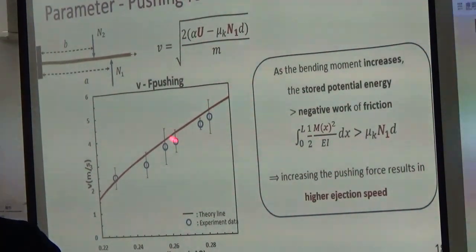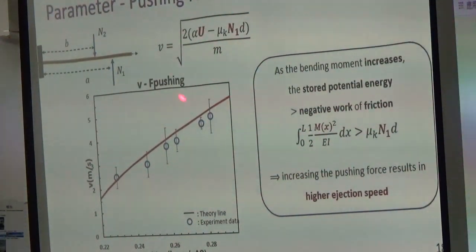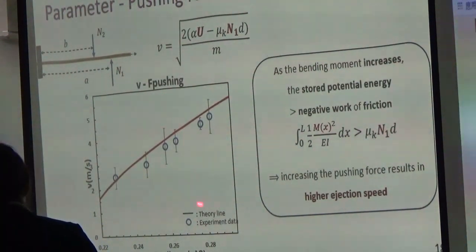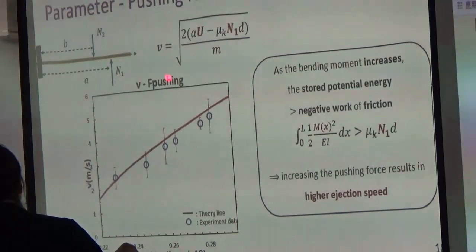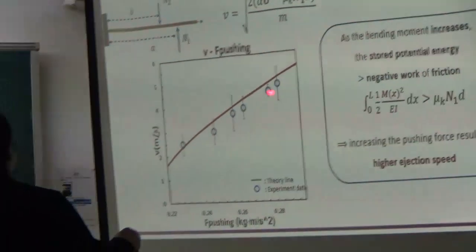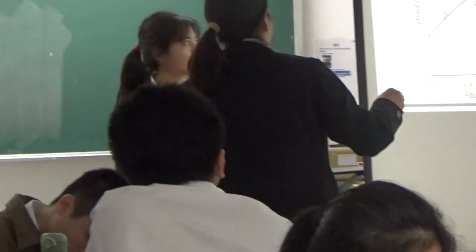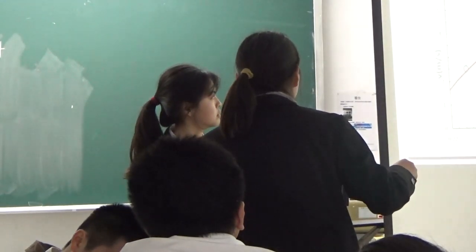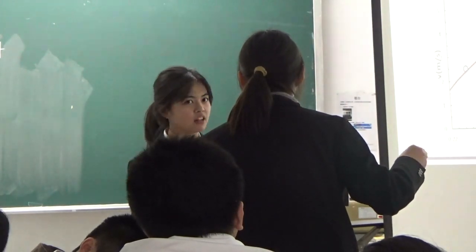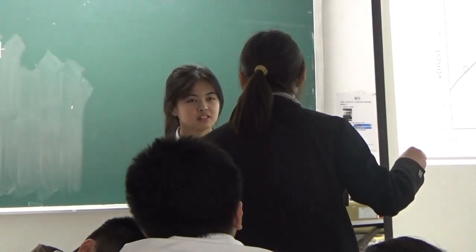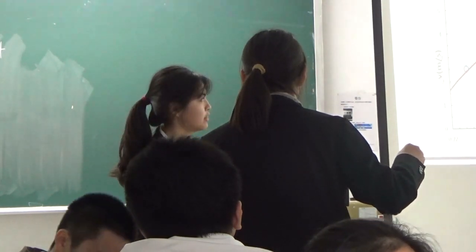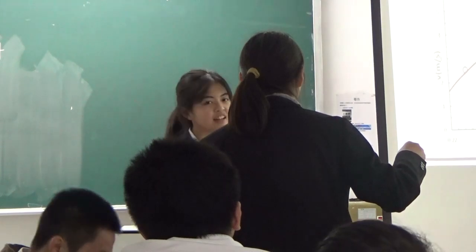I didn't understand that, because in my understanding, you calculate the velocity by using the formula, and you put the real data on here. Is that right? Yes. But I'm curious about how you drew the line. The red line is the theory line.